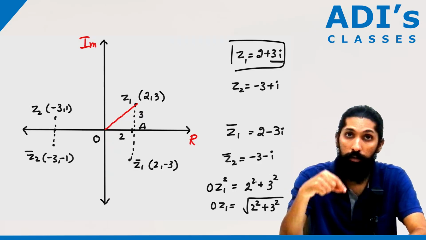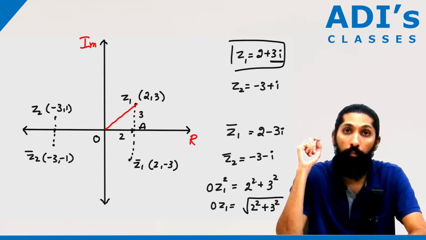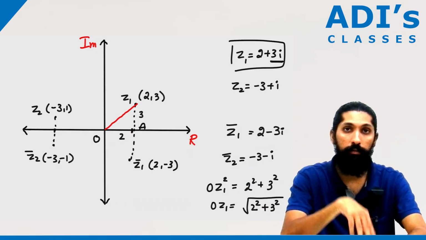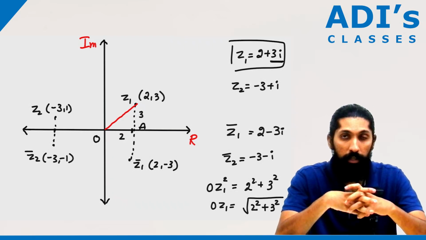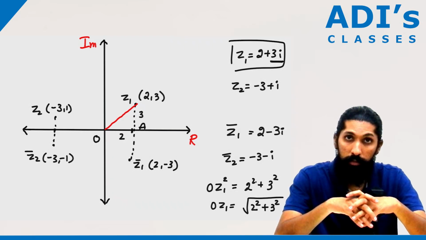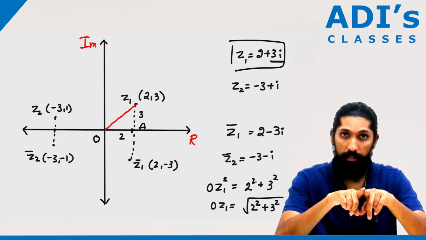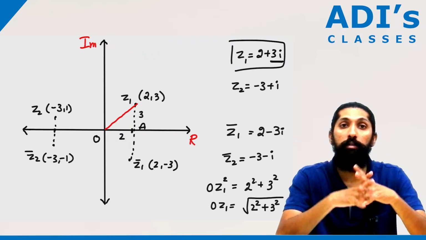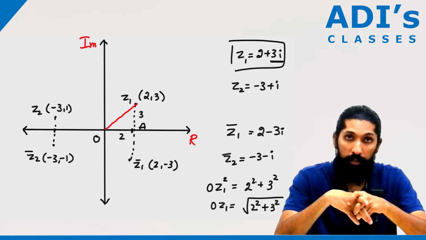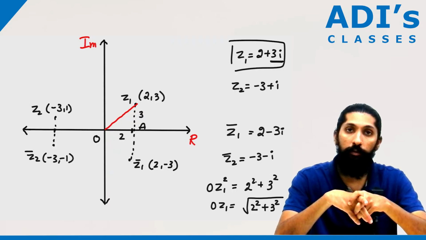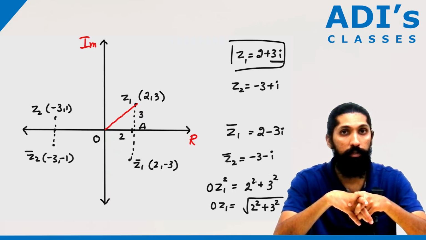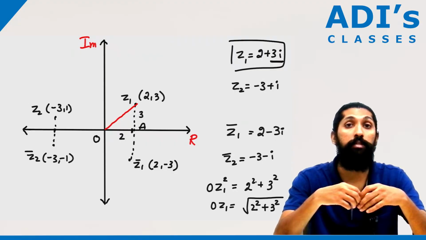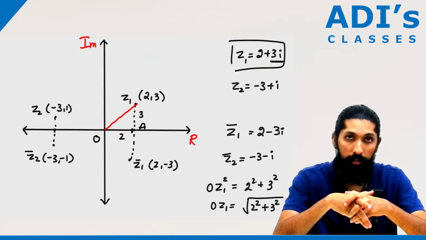Conjugate is nothing but the reflection of the point along the x-axis, and modulus is the distance between the point and the origin in the Argand plane. So this Argand plane is nothing but a presentation of a complex number on the axes. X-axis is always real, y-axis is always imaginary. Clear? Now that we have understood what is Argand plane and how we represent it, there are different ways of expressing the same complex number. In terms of a plus ib we have represented it. There is one more way of representing that you will understand in the next video.